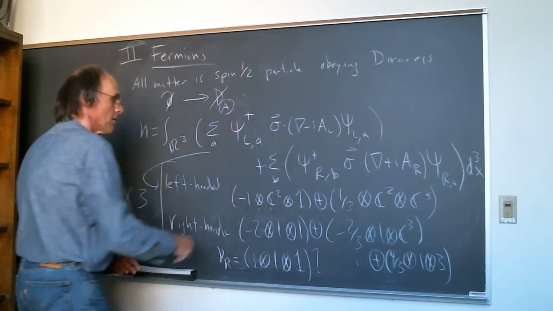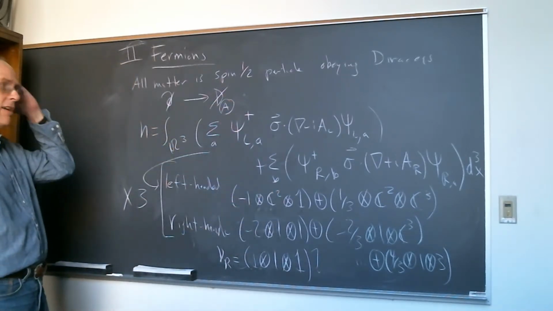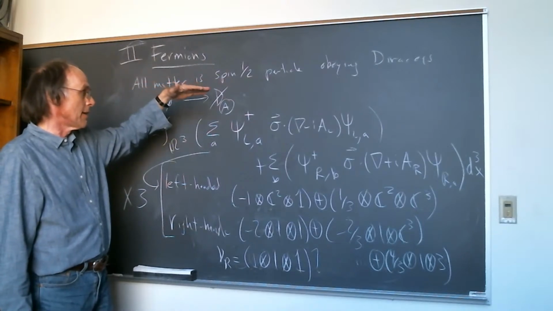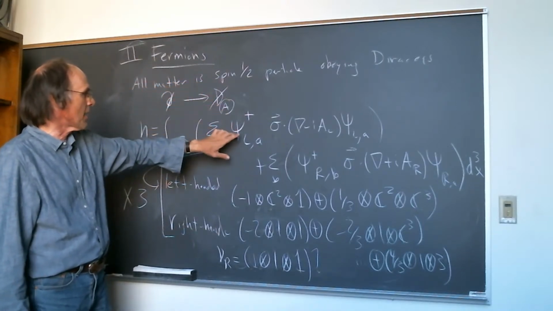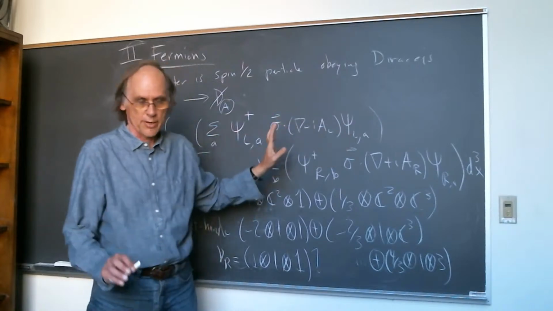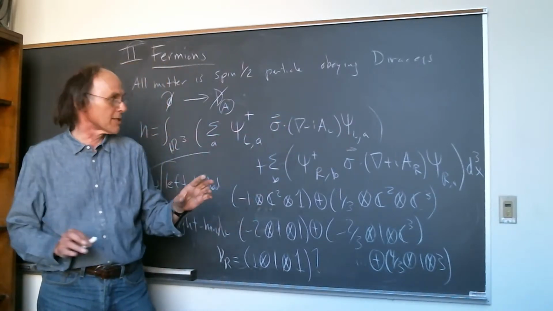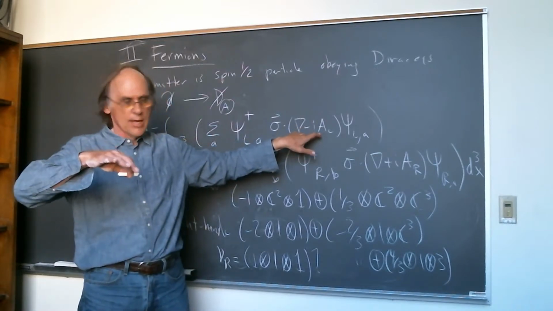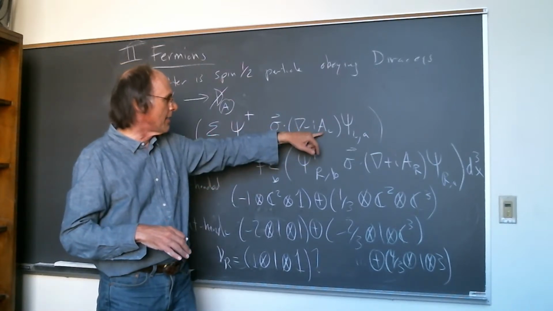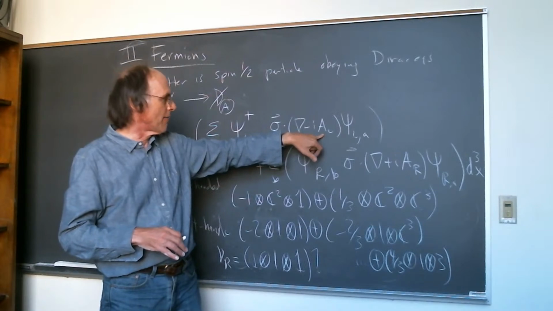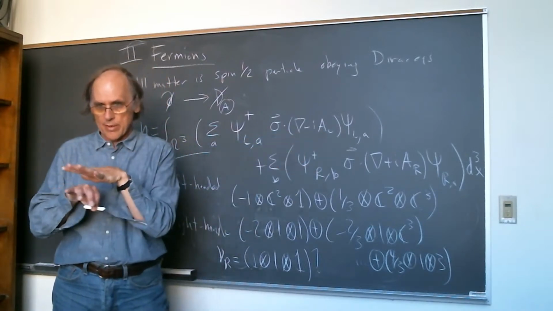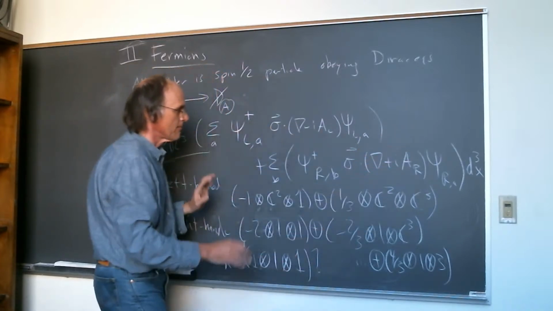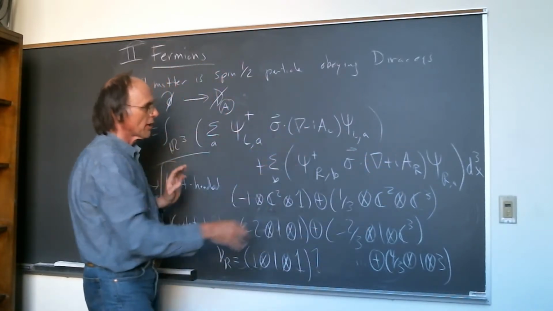And in calculational terms, the thing to notice is that as far as the side fields are concerned, everything really is quadratic. So if this guy were just a background field, if he wasn't a quantized field operator, if he was just a fixed background field, this would be a purely quadratic theory.